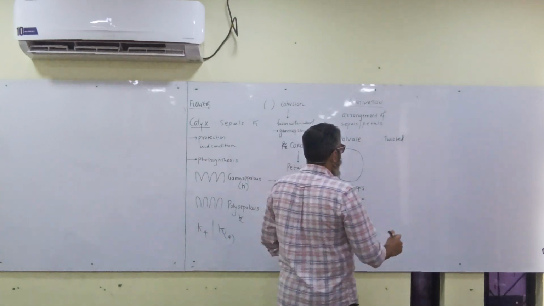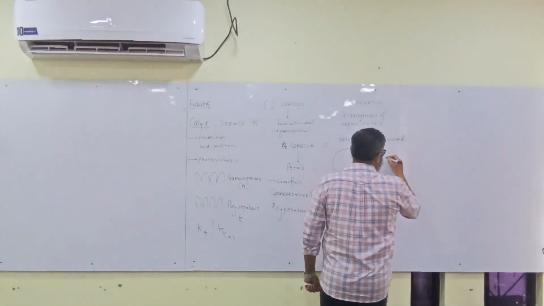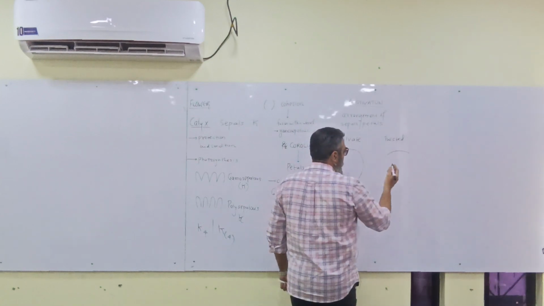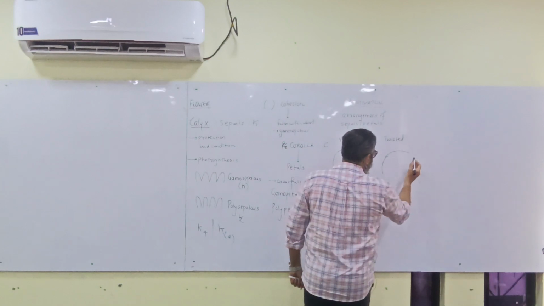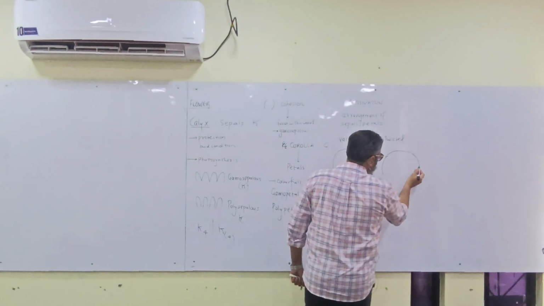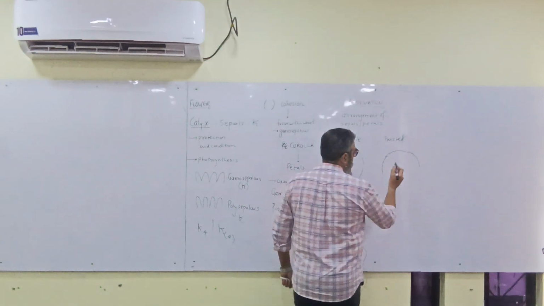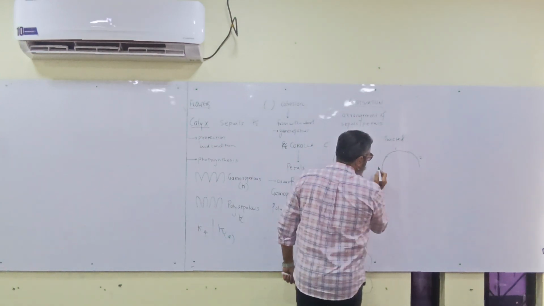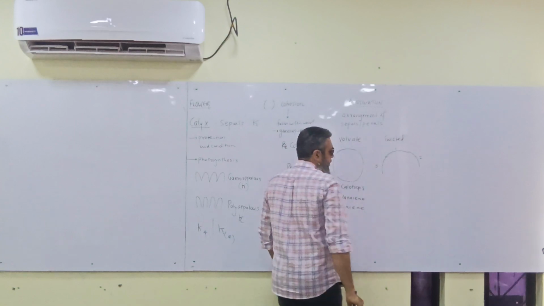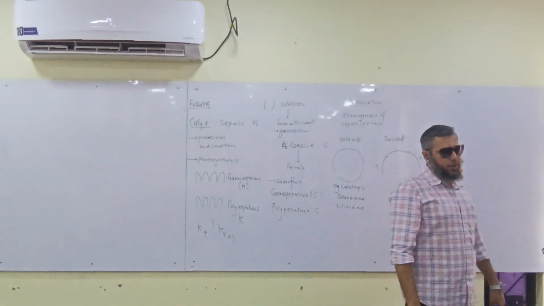Now, if this is 1, this is 2, and this is 5, look at this arrangement.